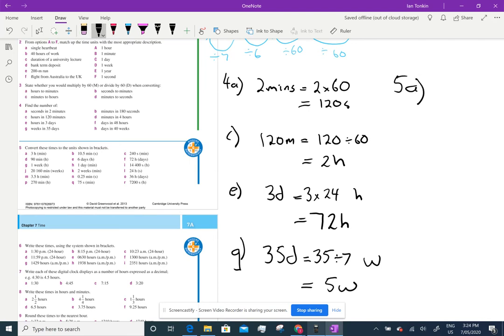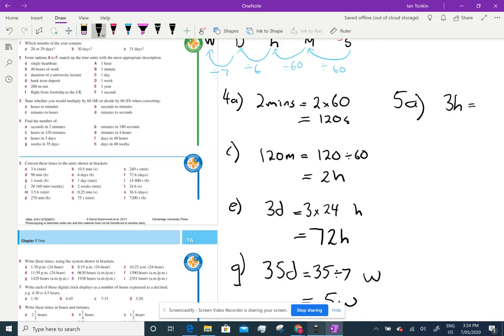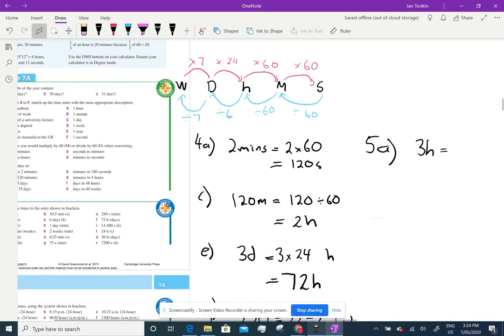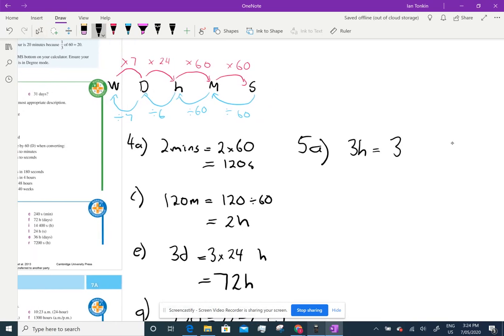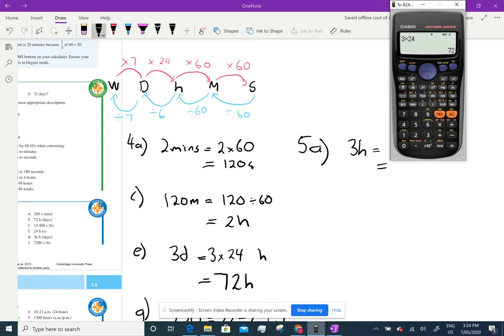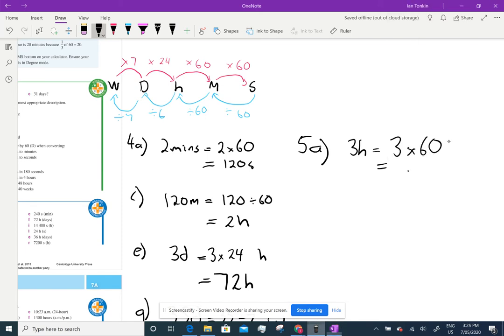And I'm lucky I've got my little diagram up here. I've got 3 hours and I'm going to minutes. So 3 hours to minutes, I've got to times by 60. So 3 times 60. Again, I'd use my calculator. 3 times 60, 180. 180 minutes.